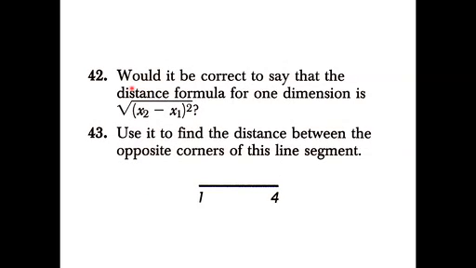And then some questions. Would it be correct to say that the distance formula for one dimension is this? So like on our lesson and in GSP, we went from, say, a point here over to a point there. Would this give you the distance? If so, use it to find the distance between those 2 points.